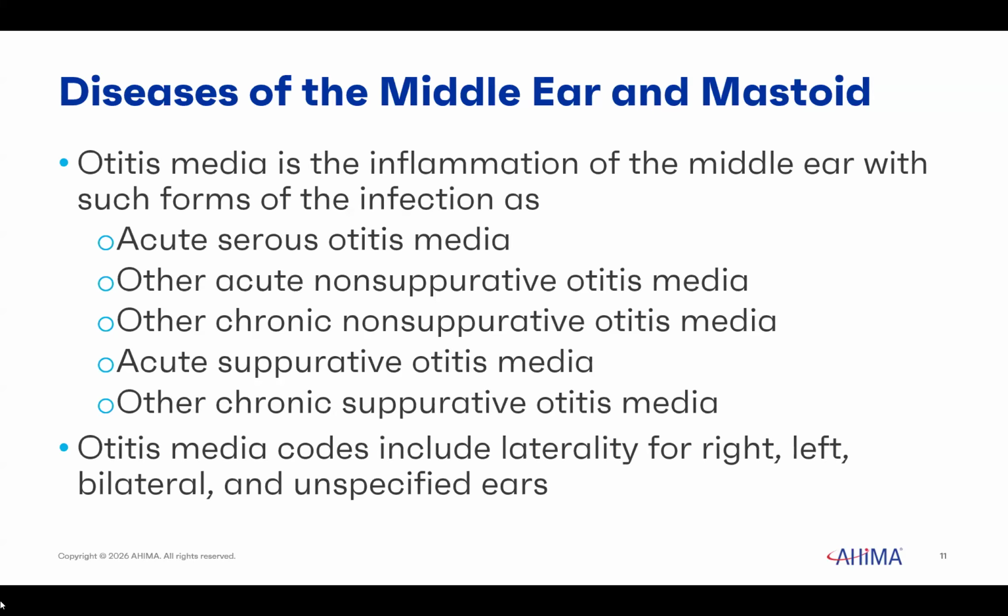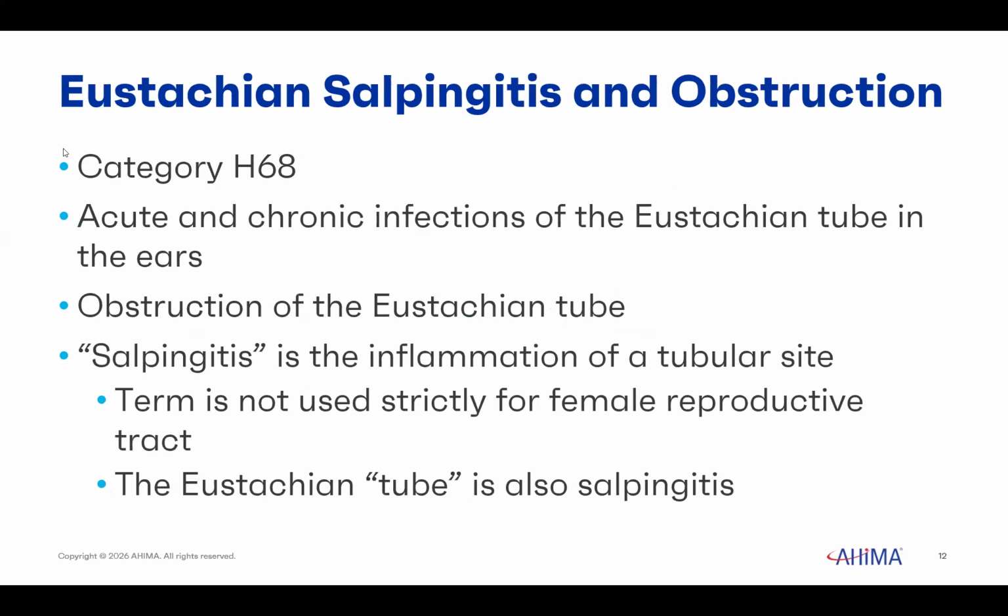An important thing to bear in mind is the laterality, where we have either right, left, bilateral, or unspecified ears. Similar to the eyes, we have two ears, so we have to get the fully correct code by specifying the laterality.